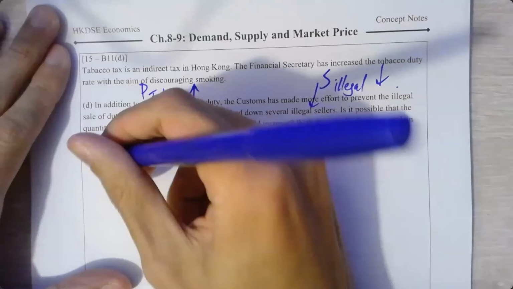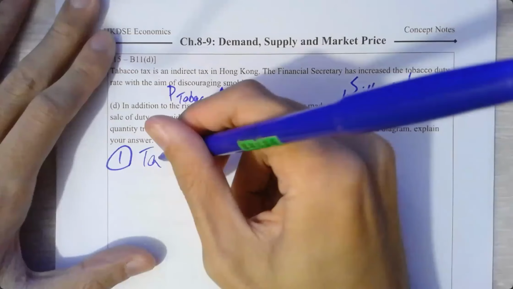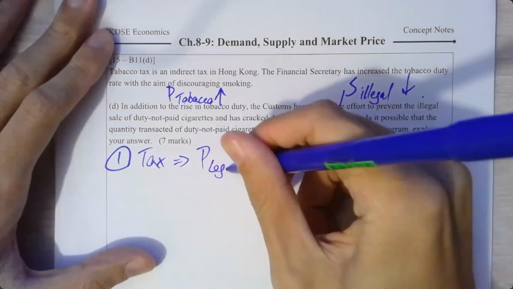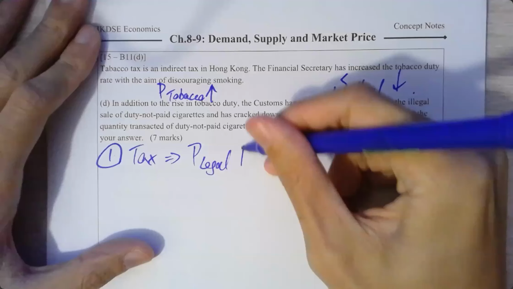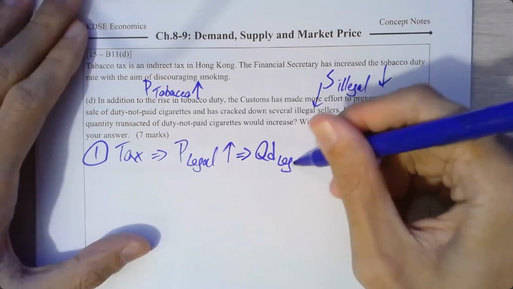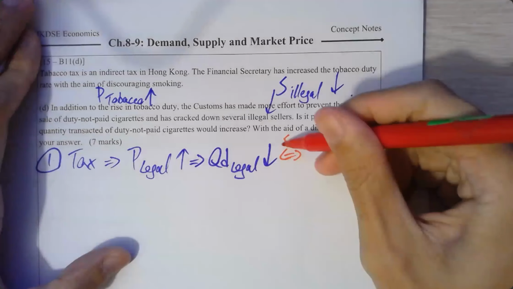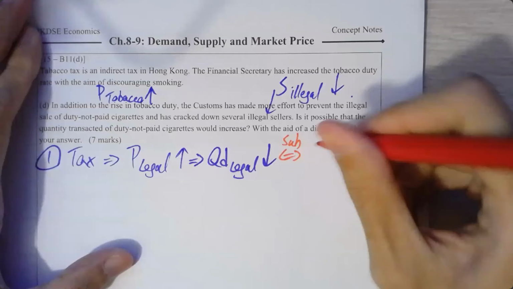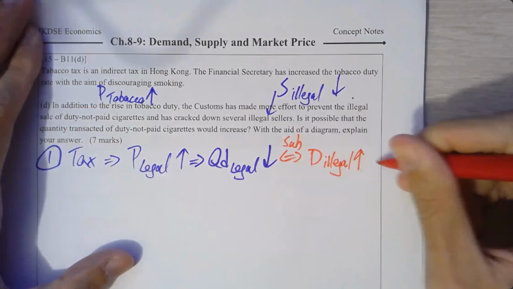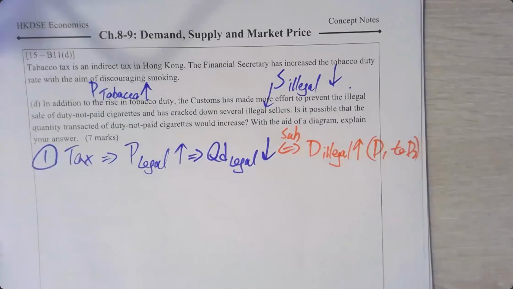break it down. Here, first stream with the tax, we know that the price of legal cigarettes would increase. Therefore, quantity demanded of legal cigarettes would decrease. 好啦，because of a substitute relationship, we know that demand for illegal cigarettes would increase. 我哋 from D1 to D2 啦。This is one way.